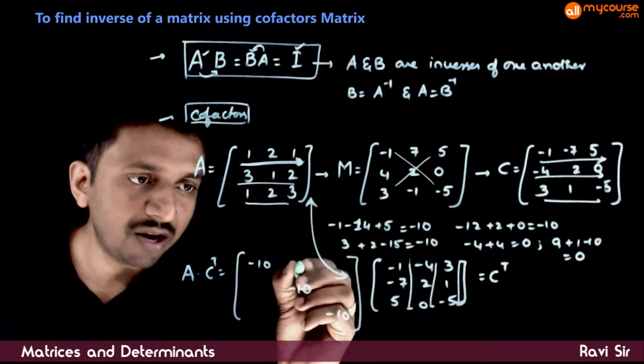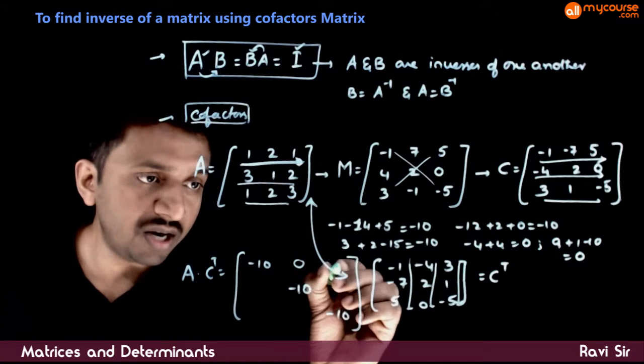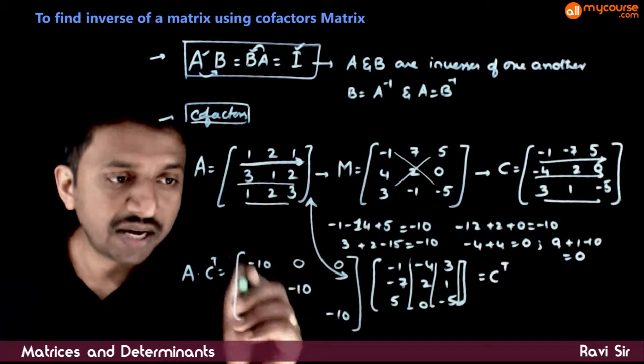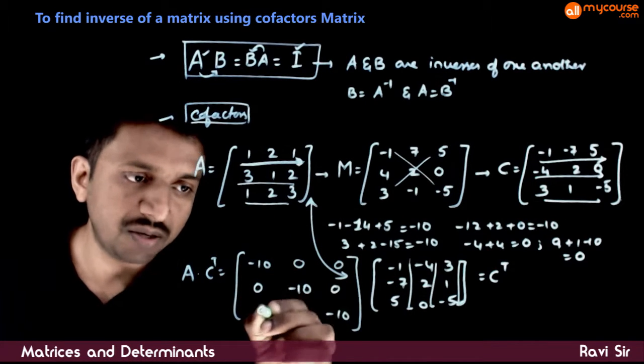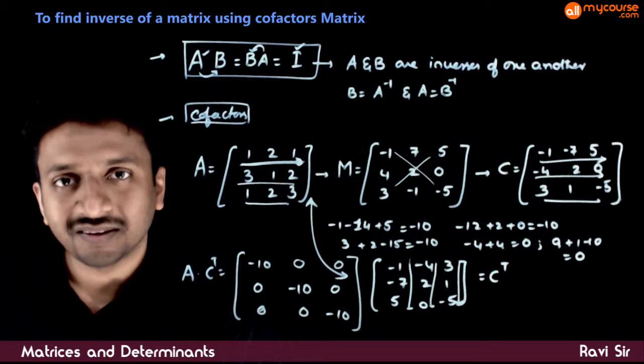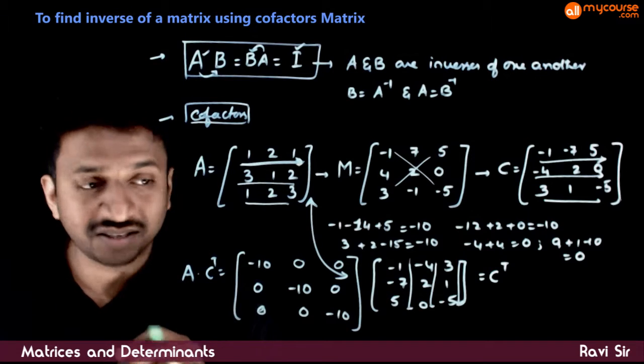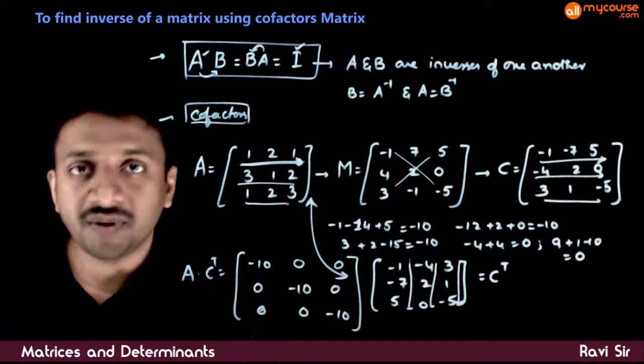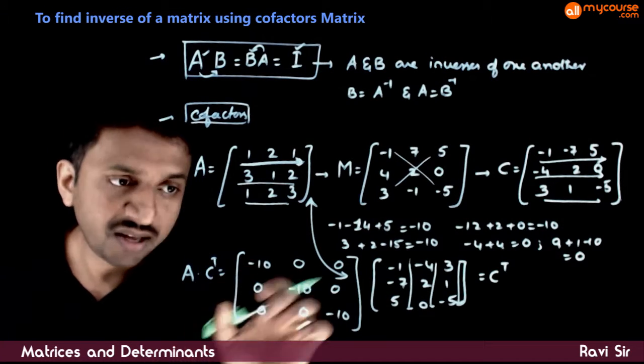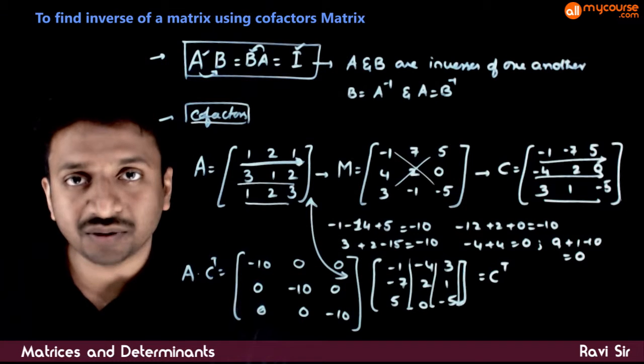First row into the second column gives you 0. First row into third column also gives you 0. Second row into first column is 0, and so on, all zeros. So if you multiply A with the transpose of the cofactors matrix, you get all the diagonal elements as the determinant of A and all the remaining elements as zeros.